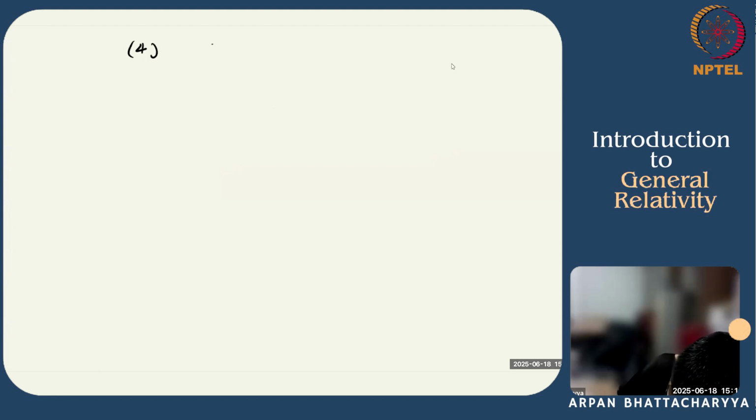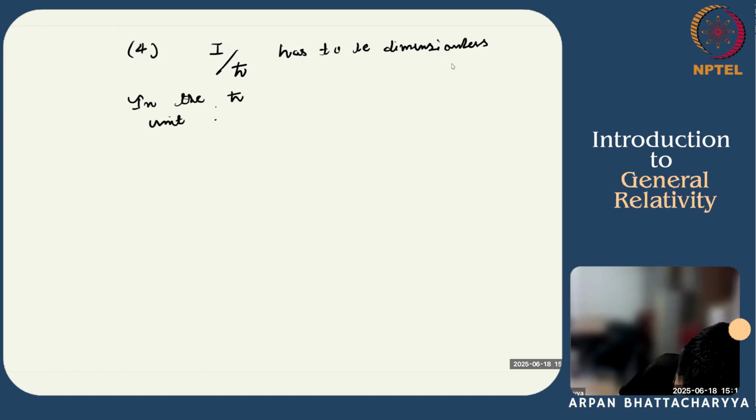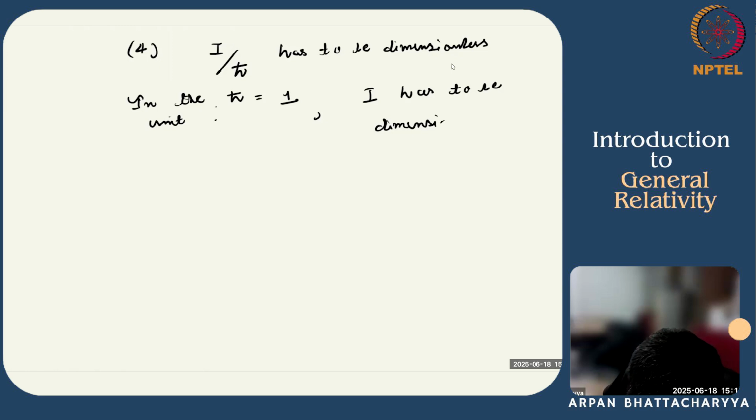Also, this I by h bar has to be dimensionless. So in the units where we set h bar to 1, which we call natural units, I has to be dimensionless.